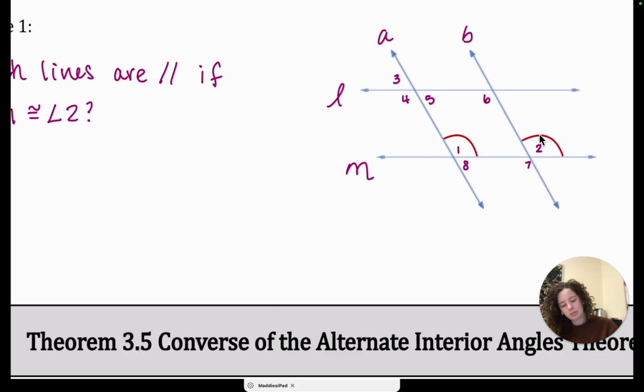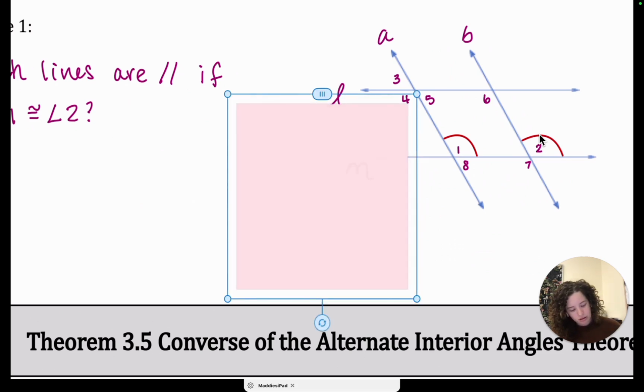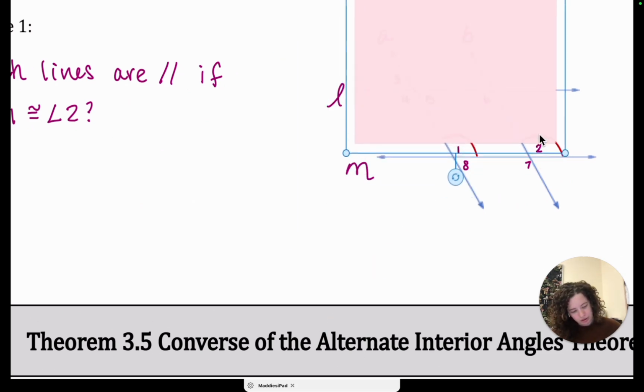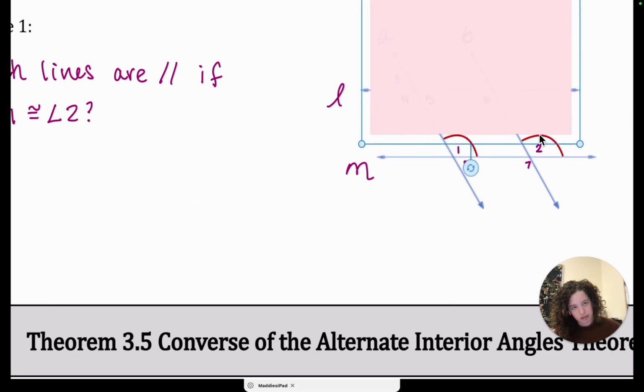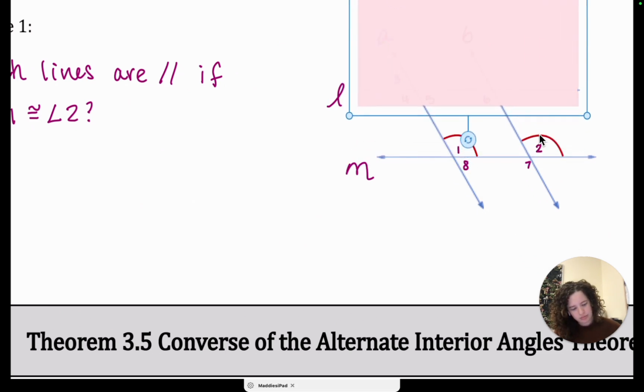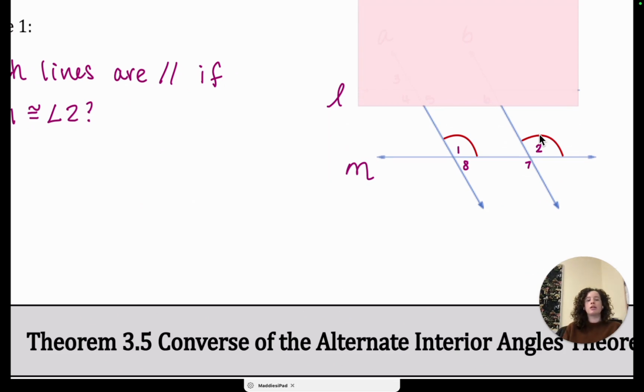My recommendation, whenever we get something like this, is that we take a second and we cover up the top half of our figure here. That's all I have to worry about. I'm going to cover up that top half because we're not using those angles up there. We're only using the angles below.